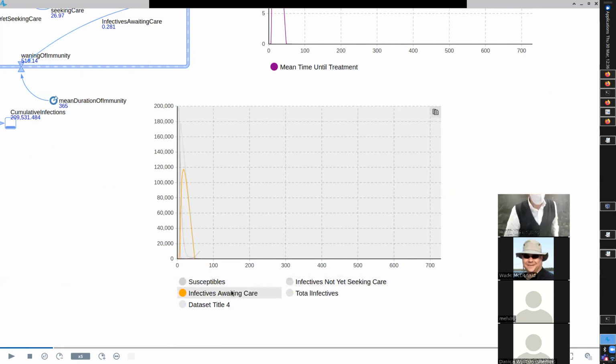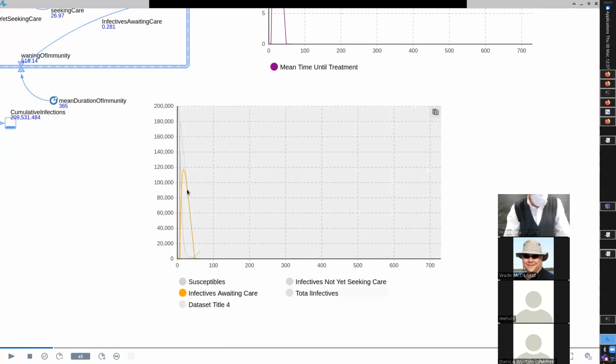But what is this telling us? What's the yellow curve telling us? This is infected awaiting care. What is that telling us? All right. A large number of people are awaiting care even after the initial outbreak has died down in terms of immediate spread.